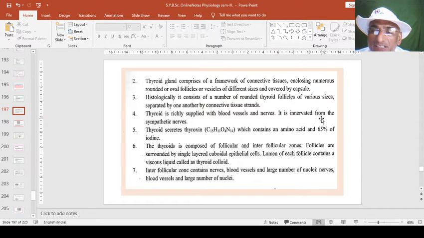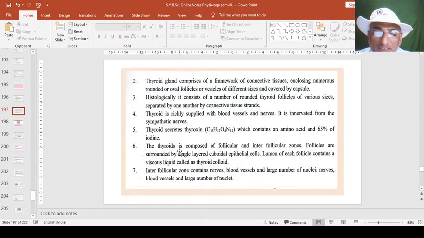Then it is innervated from the sympathetic nerves, which is responsible for the conduction of the nerve impulses and messages thereto. So thyroid gland secretes thyroxine, that is C15, H11, O4 and N14. So this is the chemical structure or molecular arrangement which contains an amino acid and 65% of iodine. So iodine is the main element.